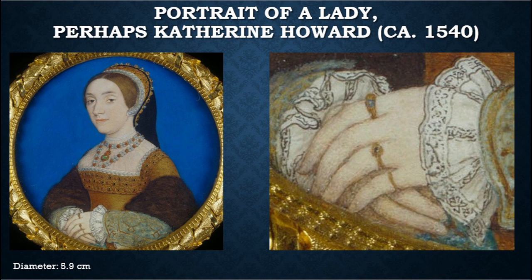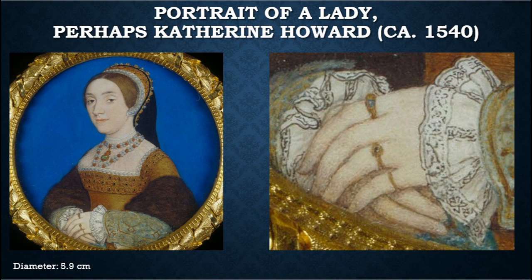So as far as this portrait of a lady, the reason why some believe that this might be Anne of Cleves is because Holbein painted this on the 4 of diamonds. And at the time, during the Tudor period, diamonds signified wealth.